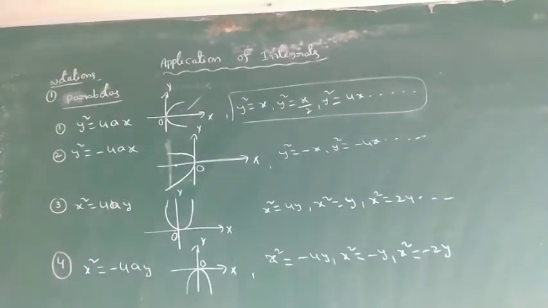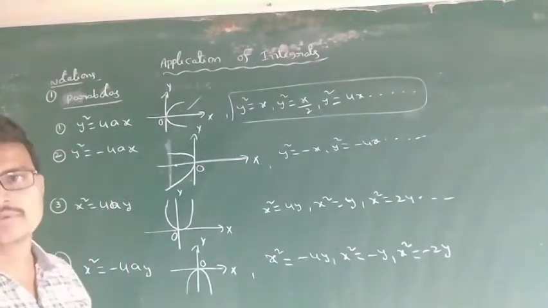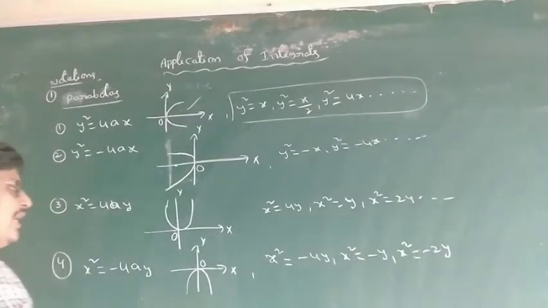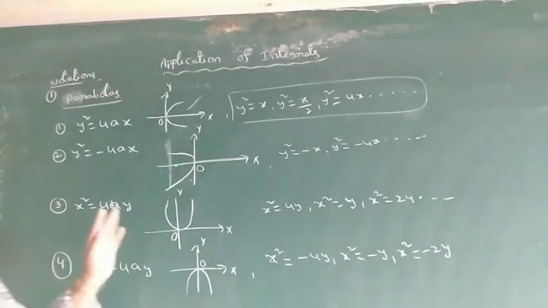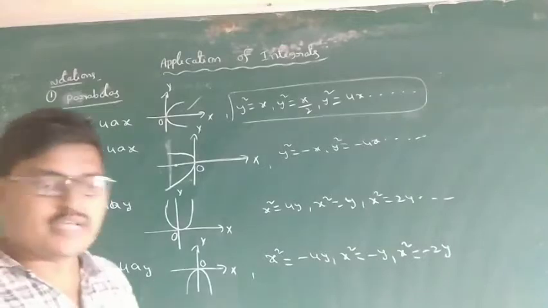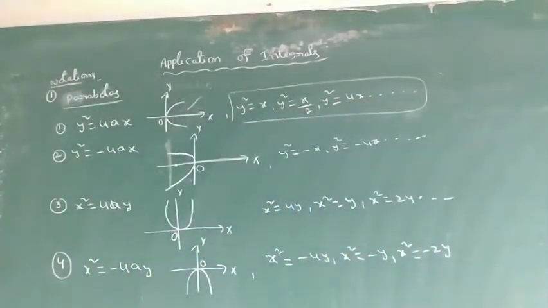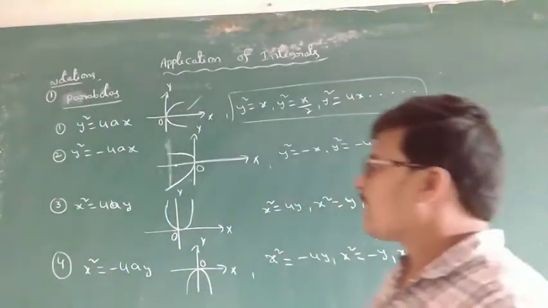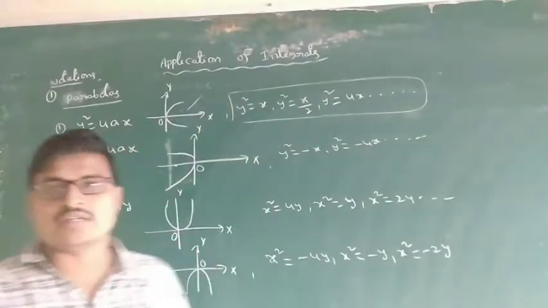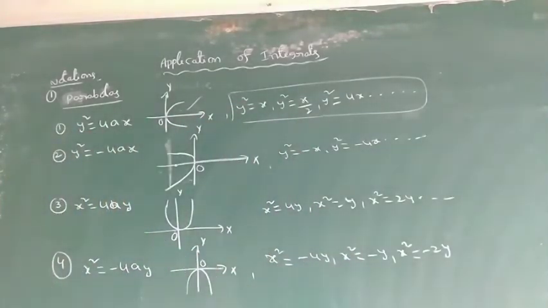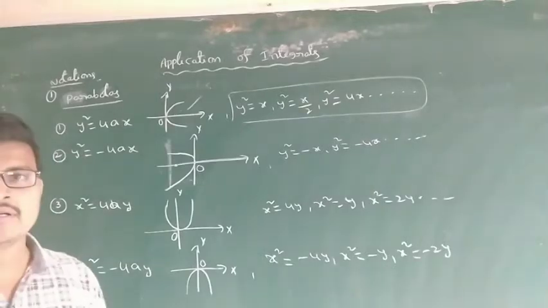Left to right is y square is equal to, x square is equal to means up to down. Okay, these are the four parabolas. Next, understand this parabola.